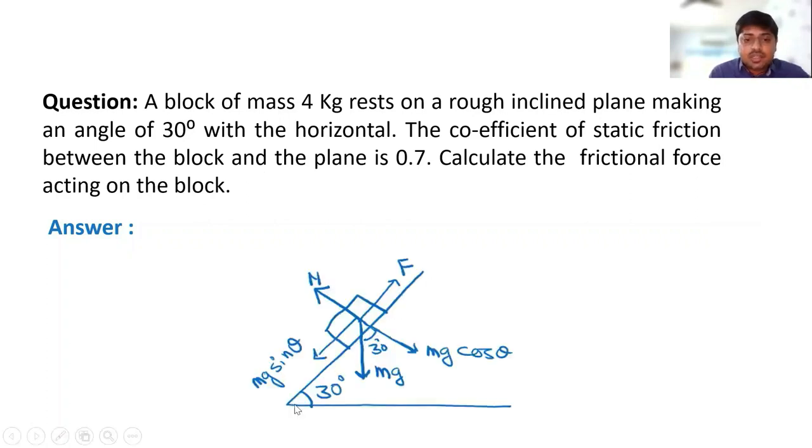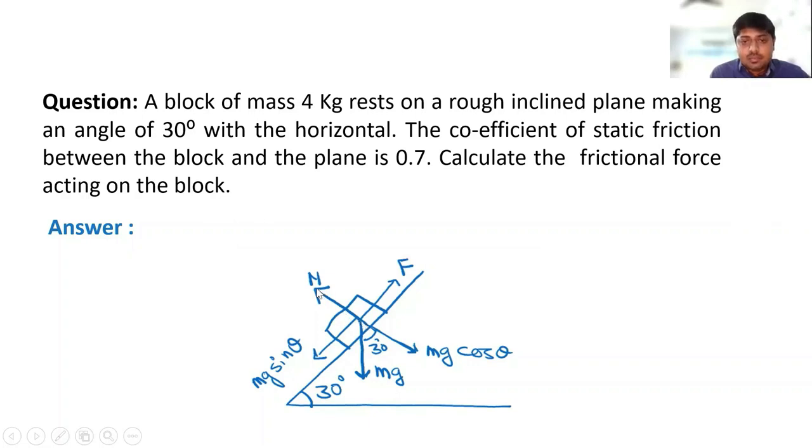So here, this is our inclined plane. This is the 30 degrees. Here is our body, whose mass is given as 4 kg. So this will be the force because of gravity and mass. This will be equal to mg here.